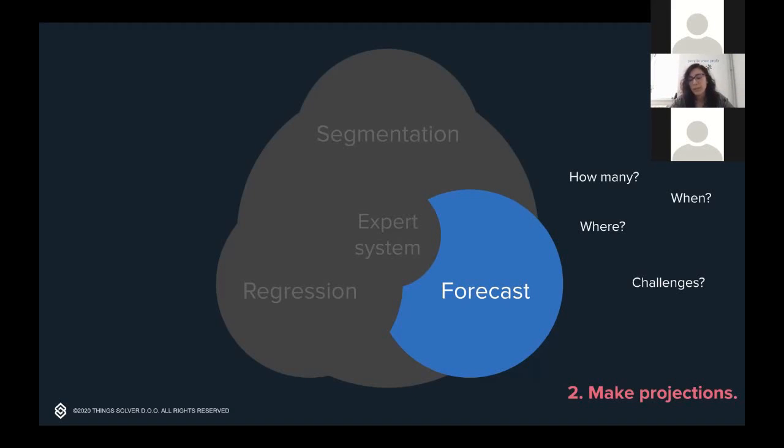So here, for the purpose of creating projections, we have tried lots of different algorithms and approaches.